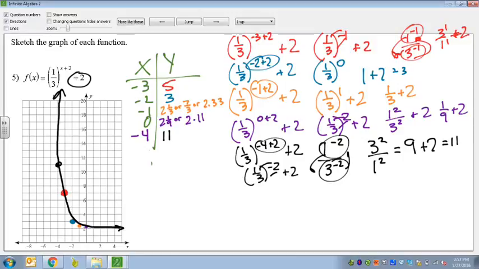And you'll notice that with many different forms of functions, when there's a constant value being added or subtracted, it moves the whole graph, here up 2 units. So that's where my asymptote is. All right, so that kind of explains the shift. And notice how the +2 with x, so x plus 2, actually moved the graph over to the left 2. We'll get more on the shifts in another unit, but that's how you would sketch a graph of this function.